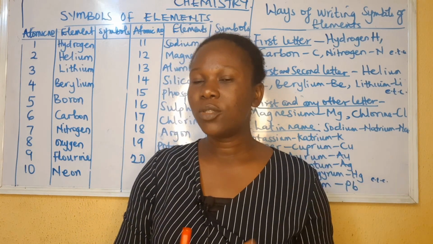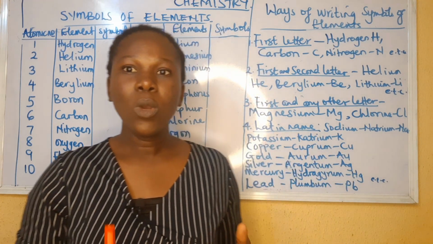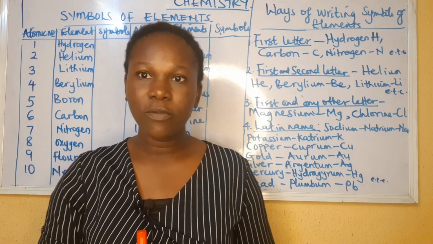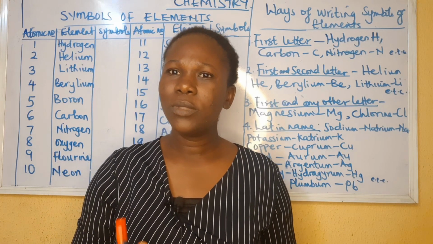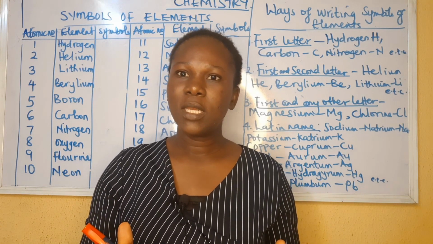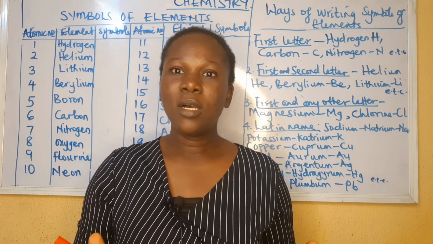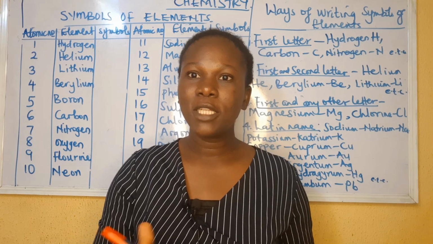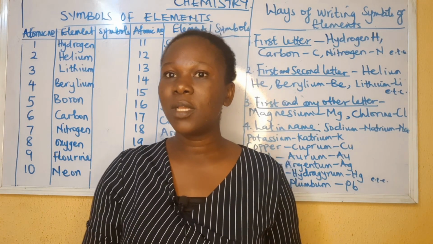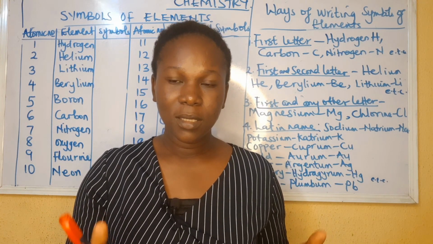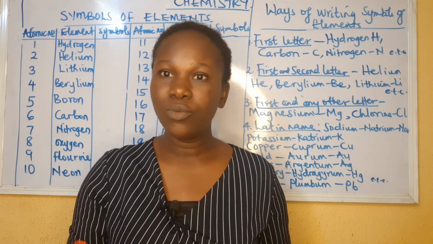So let's go back to the lesson. We want to learn the different ways of writing symbols of elements. As you all know, symbols are very, very important, even in English. Without the alphabet and the knowledge of the alphabet, we cannot write words and even read.